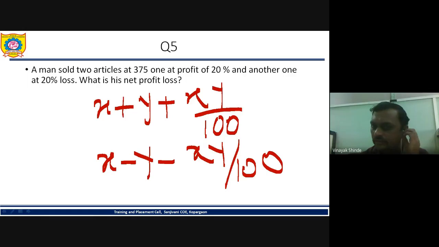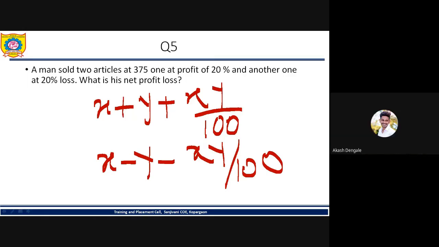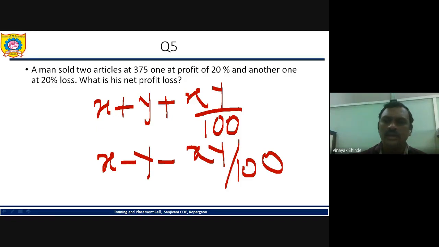Akash Dengle, are you there? Akash Dengle and Deepak Chaudhary. Akash, unmute. If there is a 10% loss and 10% profit, what will be the answer?